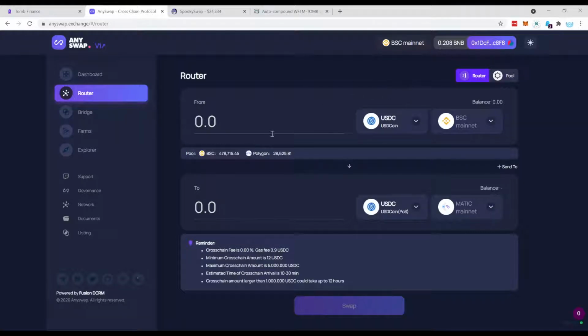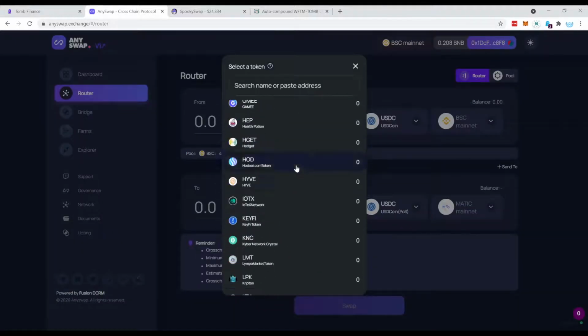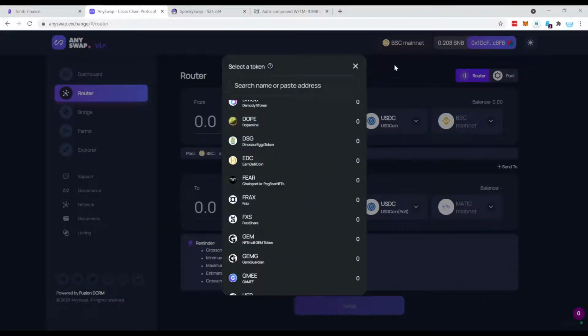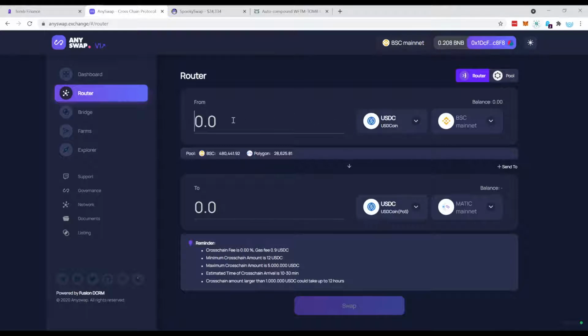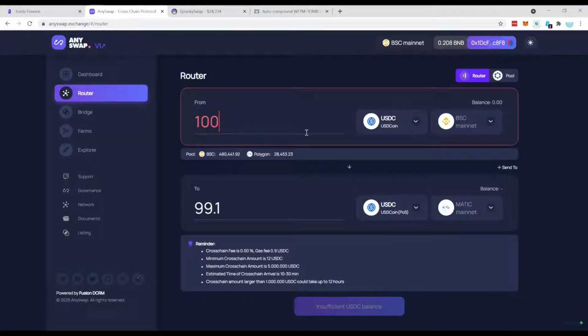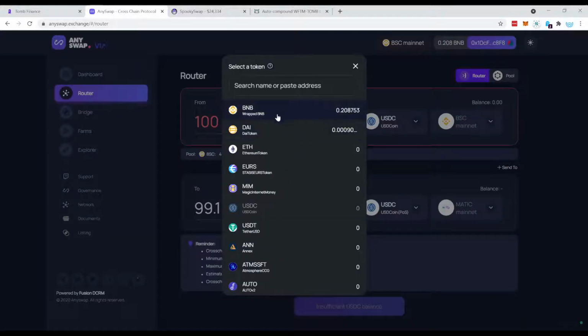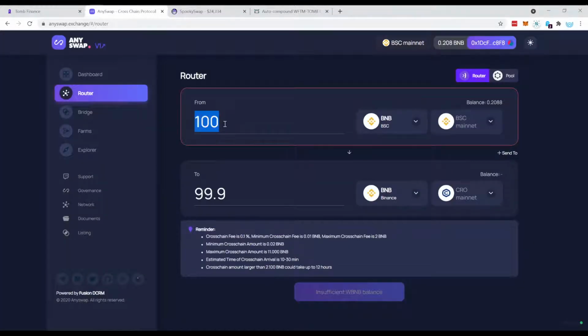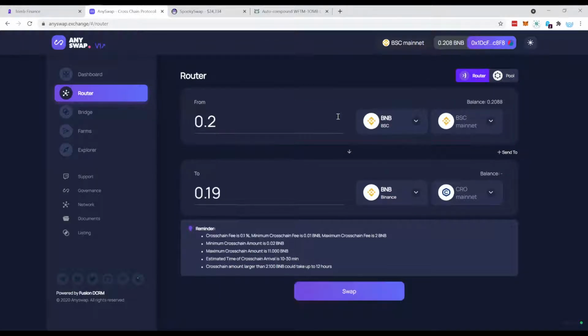And then you need to get some USDC or whatever coin from this list you can bridge. So let's say you use USD, so you put your amount here. I don't have any USDC here, so obviously it's not working. I could use BNB if I wanted to, wrap BNB. Yeah, for example, 0.2.